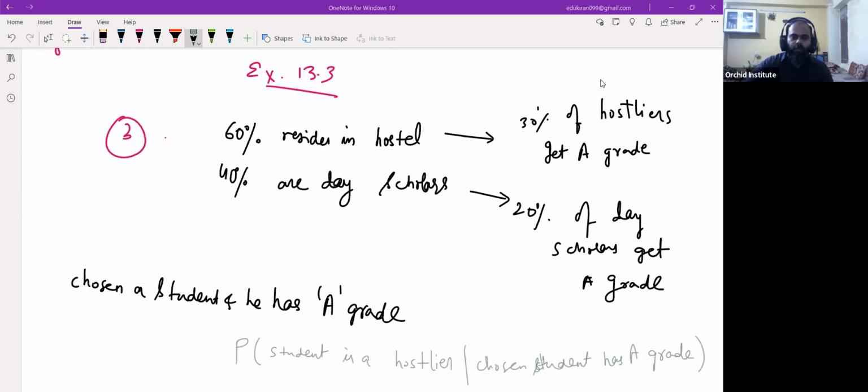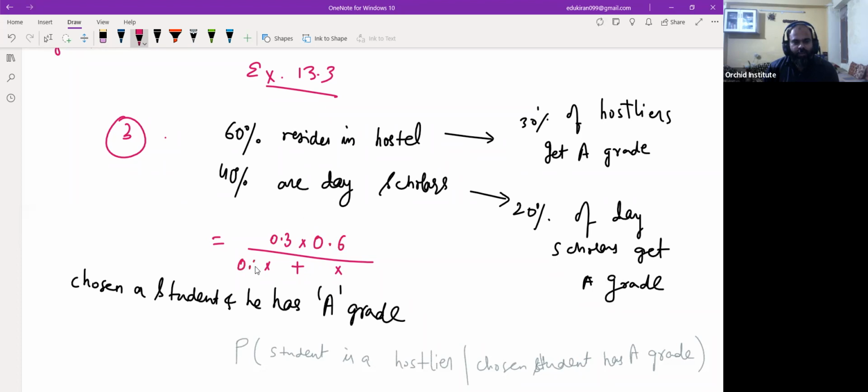Oh, so 9/13. Okay, let us see. So it will be, probability of A grade when a student is a hostelier, 0.3, into probability of it being a hostelier is 0.6.